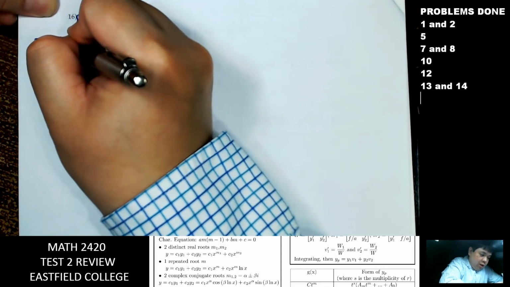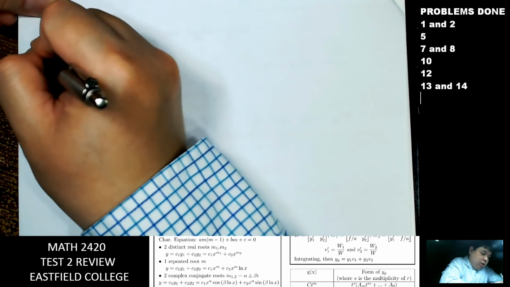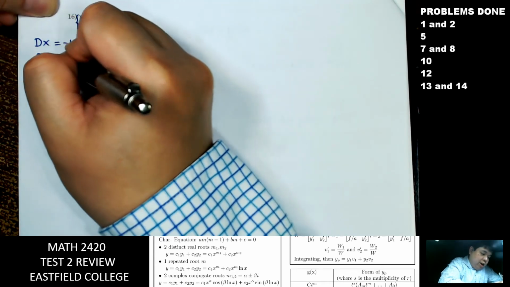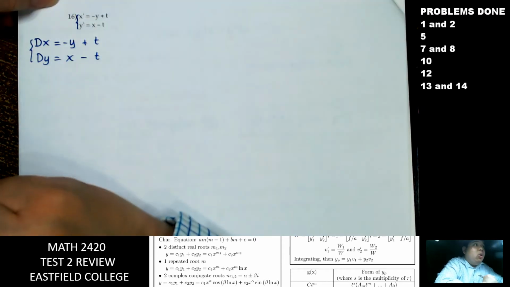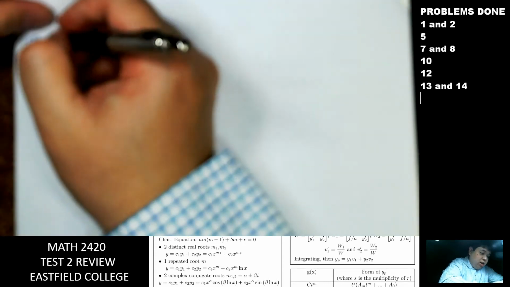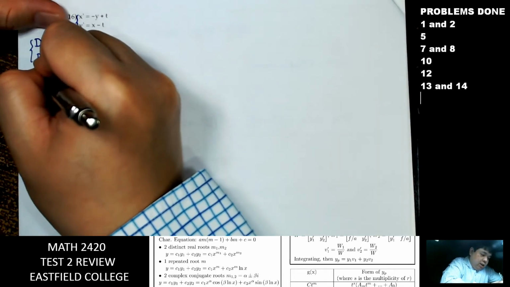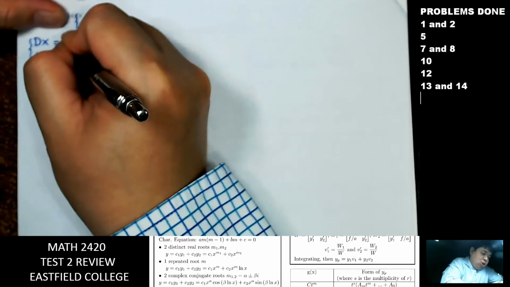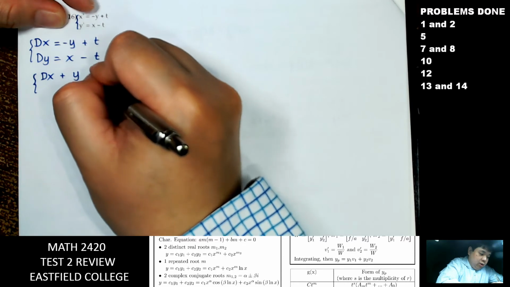Minus y plus t, dy prime will be just dy, and we just have x minus t. So those are the equations. Let's move all the x and y to one side. So we will have dx minus y will be plus y on the other side, and t is still on this side.